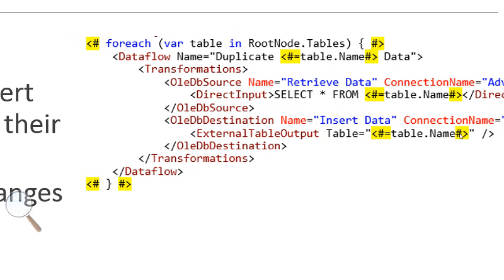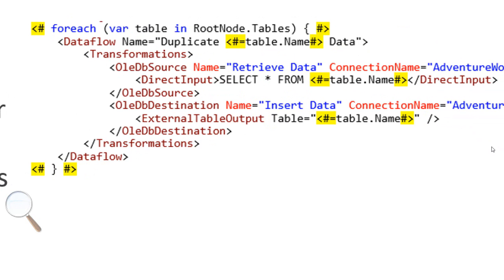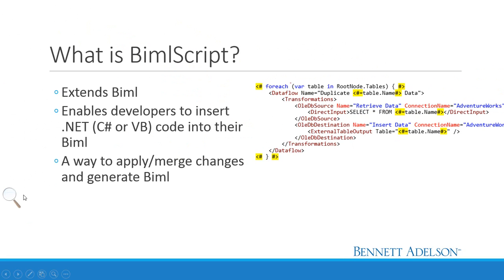So you can see you must be making a data flow for each table, and you're inserting the table name into a few spots. So you're making a data flow for each table to move the table from a source to destination. Pretty easily readable, and pretty easy to get your head around as far as how this would make an SSIS package.